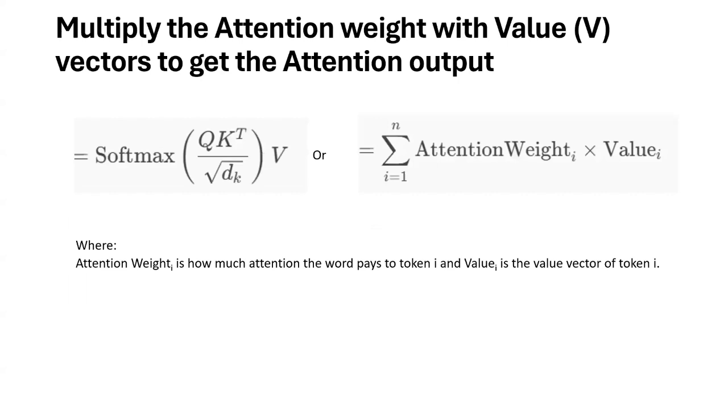how to now multiply the attention with the value vector to get the attention output. So how do we do that? We use this formula. We have already seen it: softmax of QK transpose divided by root dk, into V. How does it actually happen? You take all the attention weights and multiply them with the value vectors.